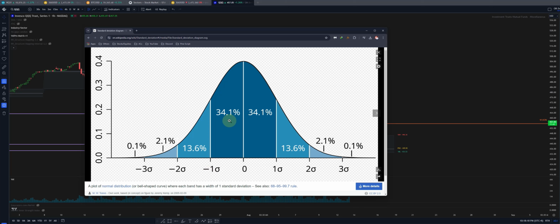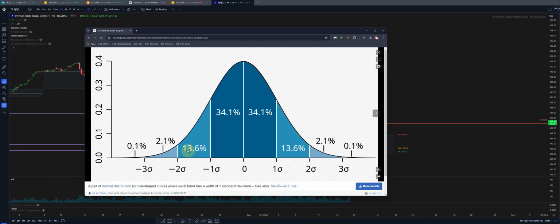So this combined is 68.2%. Which means there is a 68.2% chance that the market will remain within one standard deviation.